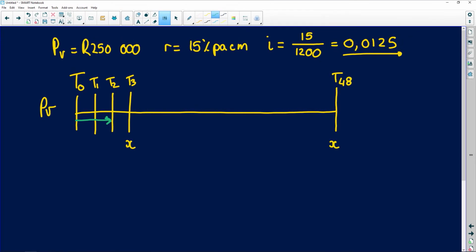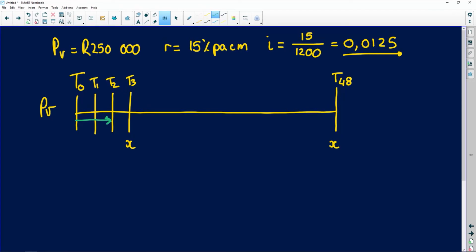Calculate the amount that Thabiso owed the bank on the 1st of August, a month before the first payment was made. So what they're asking you is a future value. They're asking you what is the future value here at T2. So for question 7.1, we're wanting the future value at timeline 2.